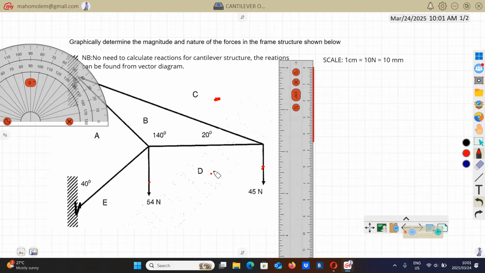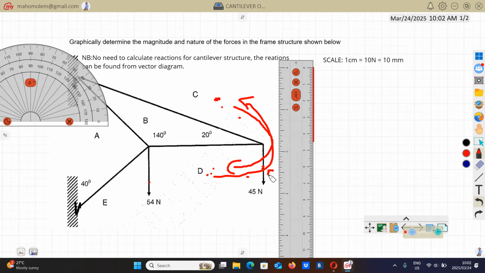Make sure that always when you name this, you must move clockwise. So this line, we're going to call it CD. Don't call this line DC. When you say DC, it's like you're moving anti-clockwise. So this line, which represents this force of 45, we're going to call it CD.